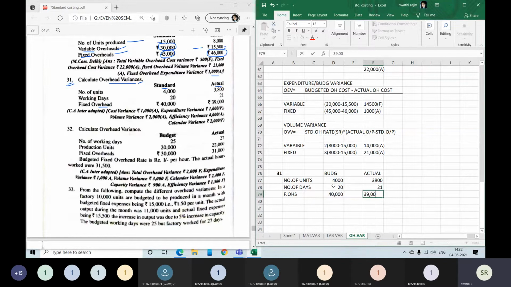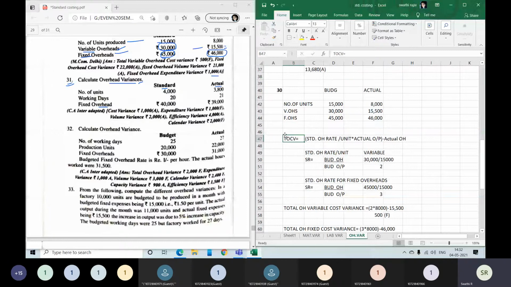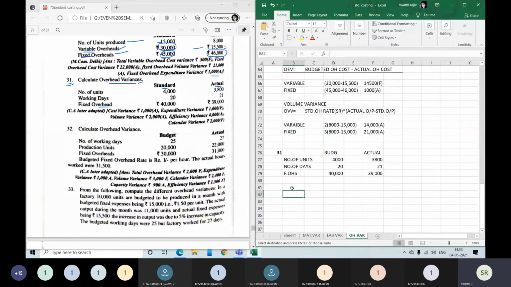Okay. So what all are the things that we need to find out? We will start off with our normal cost variance, total overhead. We'll start off with this variance. Now my question is, for finding this, do we have actual output?